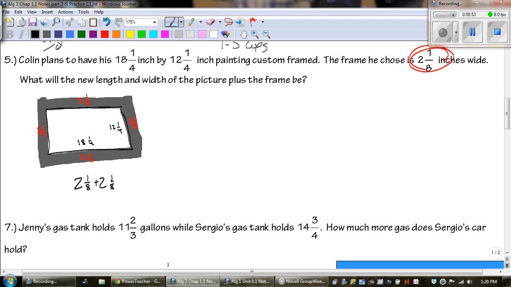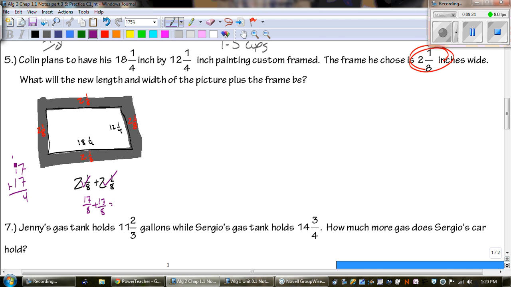Now, we're going to be doing the checkmark method for everything. Okay? So, as we do the checkmark real quick, 2 times 8 is 16. 16 plus 1 is 17. So we have 17/8 plus 17/8. All right, well, what's 17 plus 17?